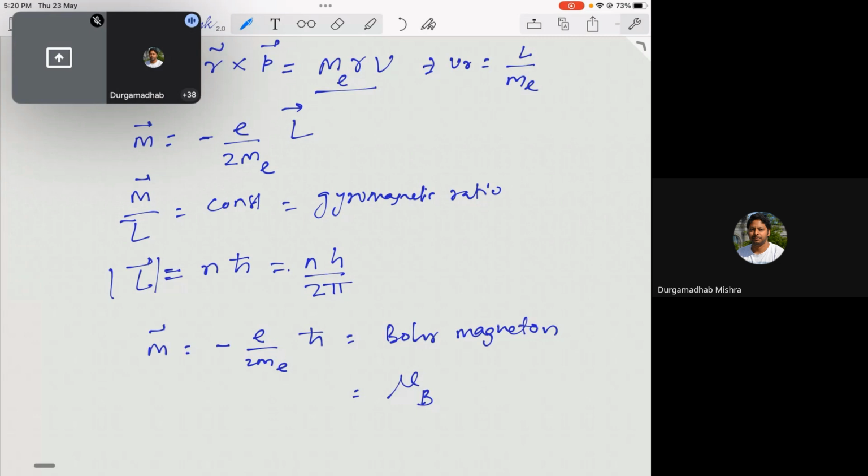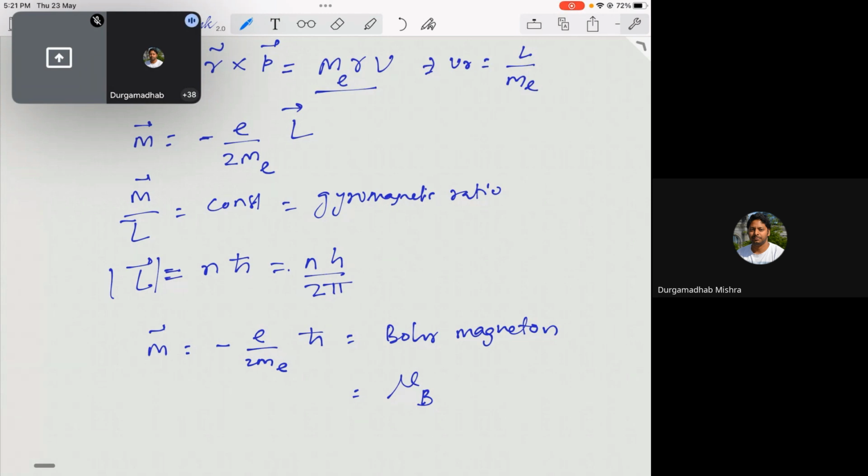But it was also realized that it does not only depend on L, the orbital angular momentum, it also depends on the spin. Classically there is no such analogous term, so the spin has to be introduced empirically or arbitrarily.